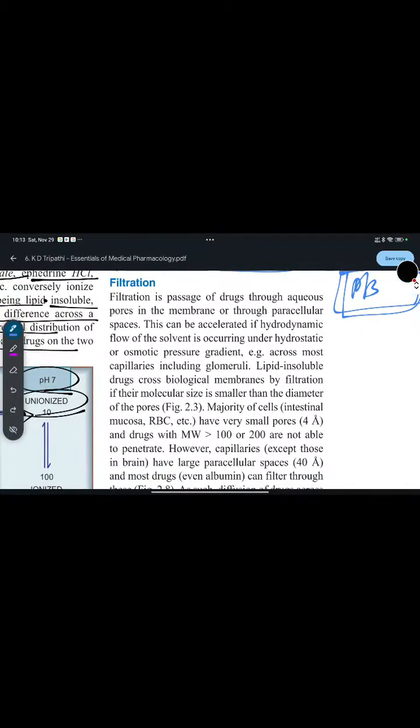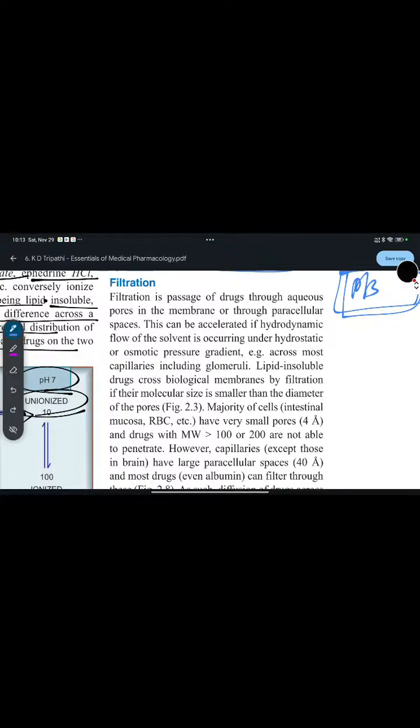Now filtration is the passage of drugs through the aqueous pores in the membrane, through paracellular spaces. This can be accelerated if hydrodynamic flow of the solvent is occurring under a hydrostatic or osmotic pressure gradient.